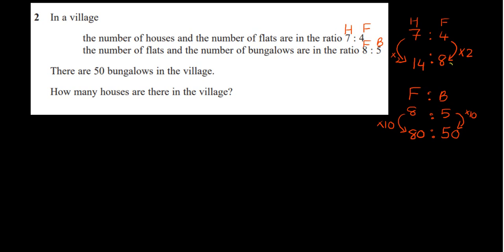We know there are 80 flats, so I multiply 8 parts by 10, which means I multiply 14 by 10 to get the number of houses. That means there are 140 houses in the village. And that's what the question asks. How many houses in the village? 140 houses.